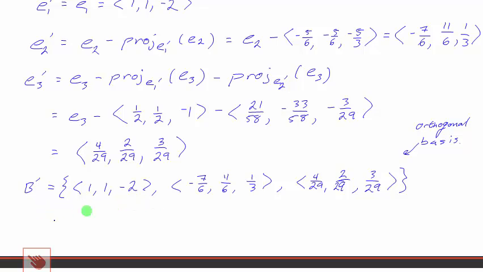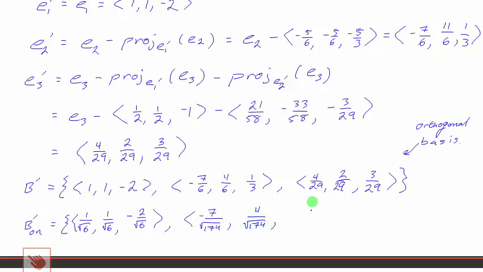then we'll simply take each of these vectors and divide by their norm. If you work through that, we end up with 1 over the square root of 6, 1 over the square root of 6, and -2 over the square root of 6 for our first vector. Take the second one and divide by its norm, and we end up with -7 over the square root of 174, 11 over the square root of 174, and 2 over the square root of 174.